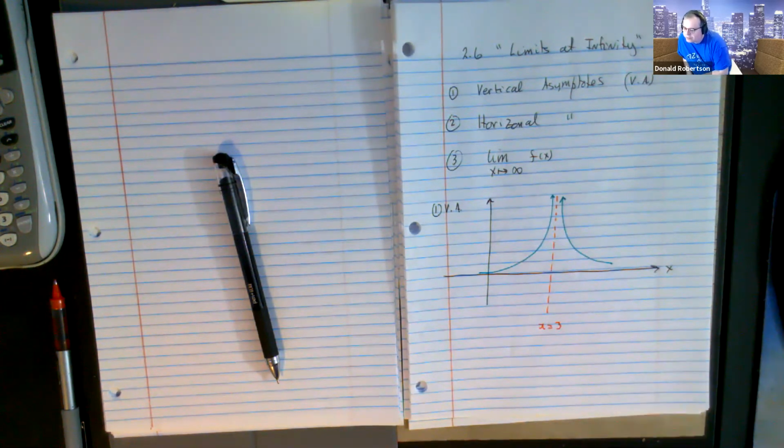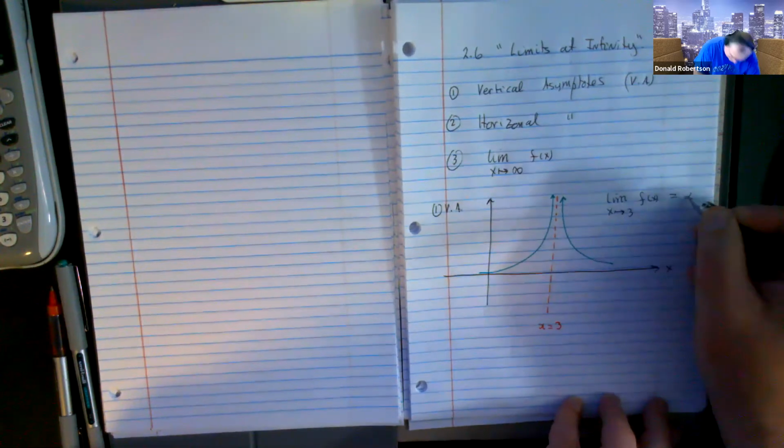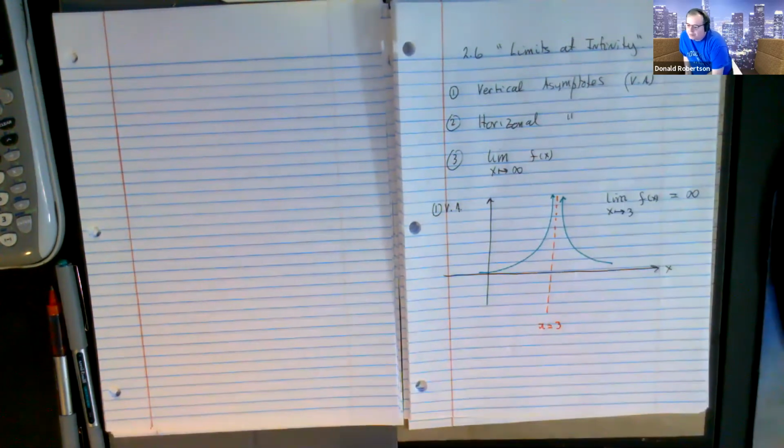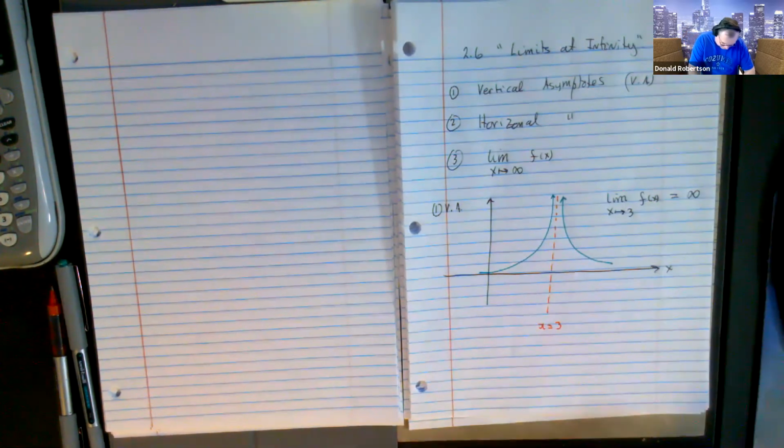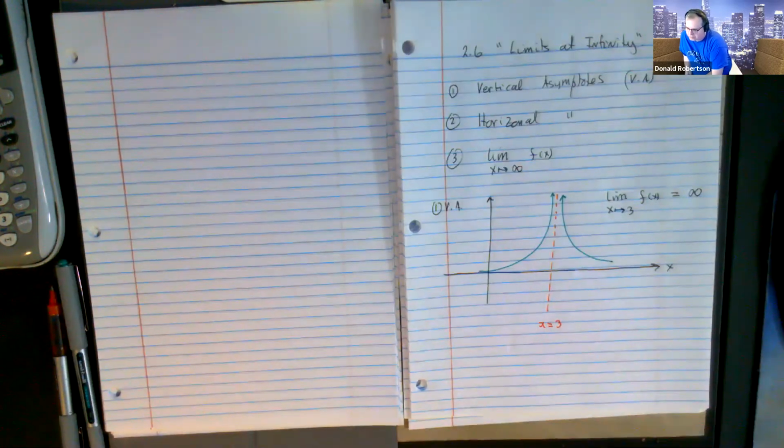Right, rational functions tend to be the ones that generate these fellas. So if I asked you to find the overall limit as x tends to 3 of this function, the answer would be positive infinity. And we all happy with that? That as you get closer to 3, doesn't the y value become infinitely large? Great.